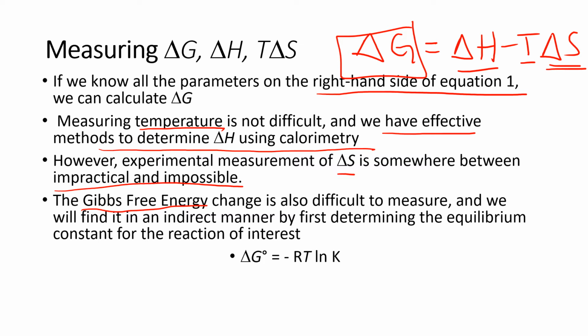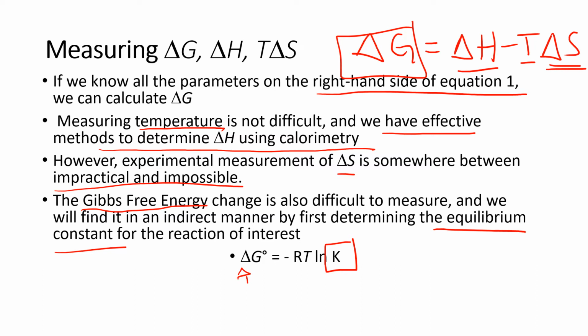So what we have to do is measure them or calculate them indirectly. So you can measure other things, use equations that allow us to get to whatever unknown, in this case Gibbs free energy, through a mathematical relationship, and in that way we can measure it. So for example, for us, we are going to first determine the equilibrium constant. So we are going to find these first in order to solve for this.